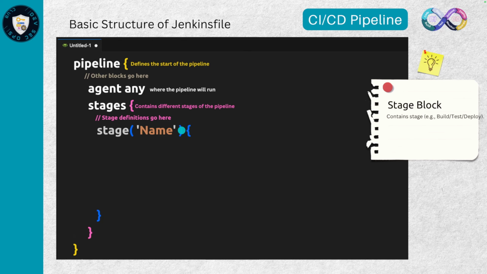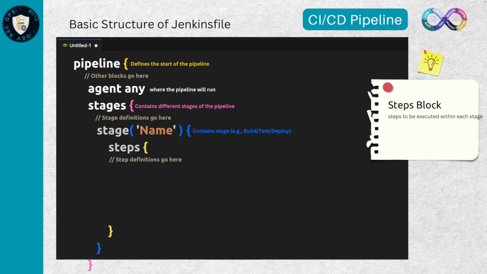And here you could see I just put a name, because whatever you like you can give a name, but it's very useful when you give it some useful name. So it could be like I mentioned already over here, your build stage, test stage, or deploy stage. And inside stage you have steps where the actual work is going on.